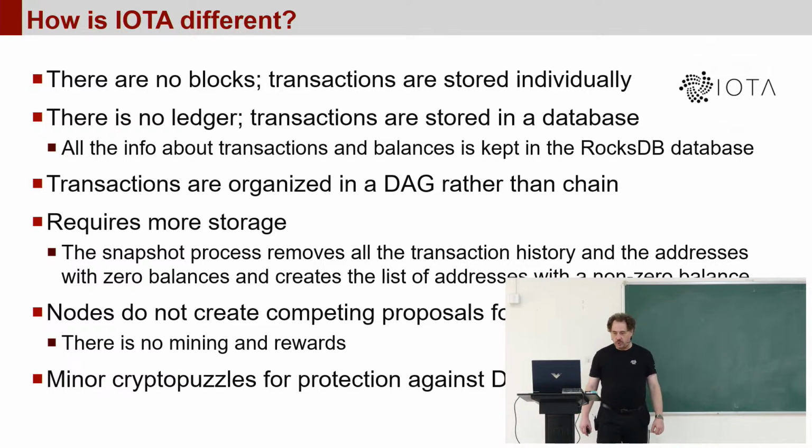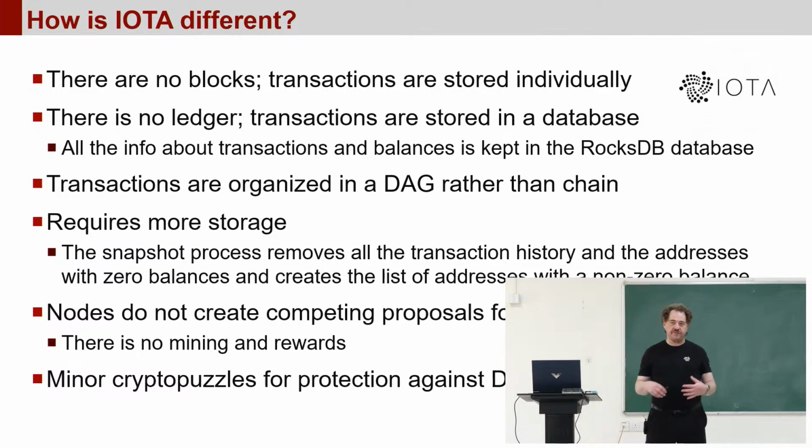So what's IOTA's solution? To do some periodic snapshotting. So the periodic snapshot process removes all of the transaction history and the addresses with zero balances, so a bit of a cleanup, and creates the list of addresses with a non-zero balance.